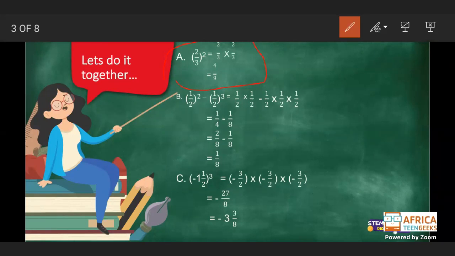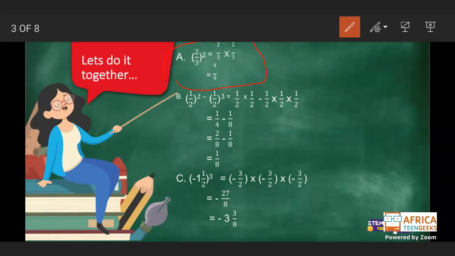So number A, it says open bracket 2 over 3, close bracket, to the power of 2. So that basically means we have this fraction by itself. So we'll multiply this particular fraction by itself. So we'll have 2 over 3 multiplied by 2 over 3.